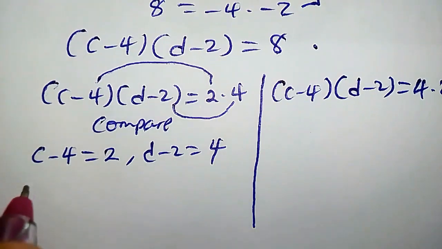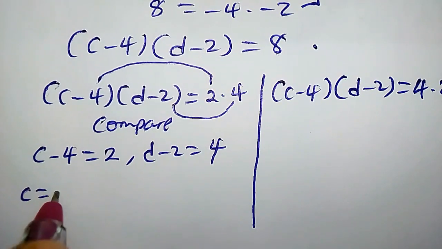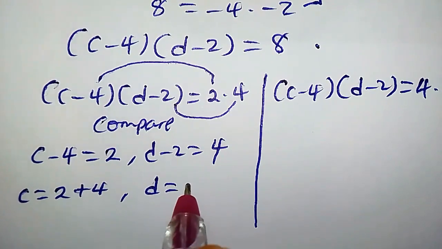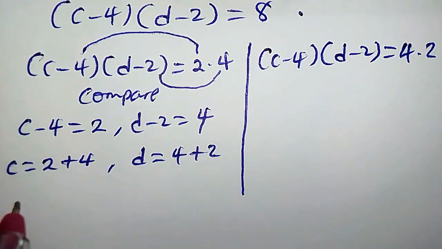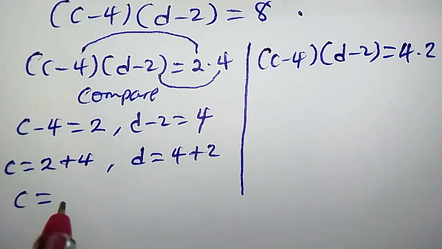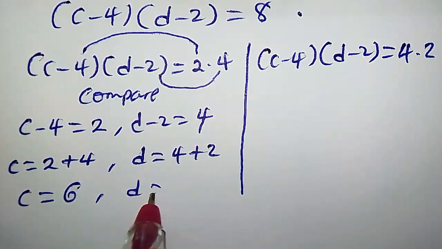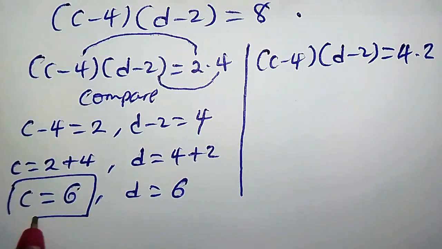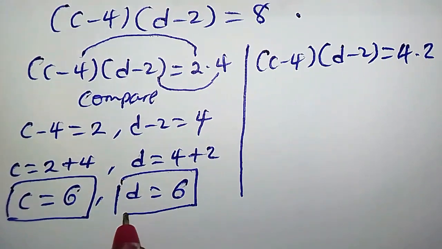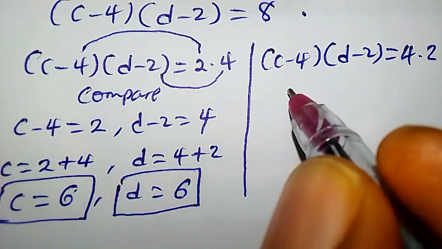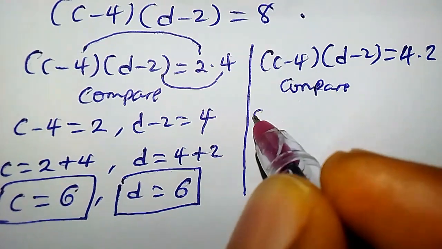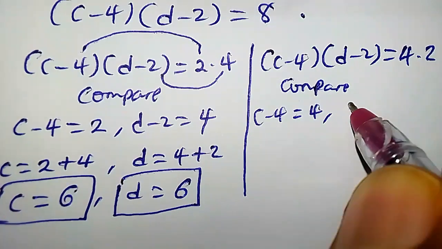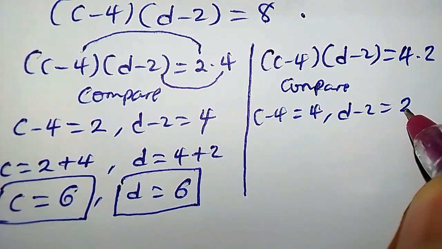That means from this line we have C equal to 2 plus 4. Also, D equals 4 plus 2. So, C is equal to 2 plus 4, that is 6. D equal to 4 plus 2, that is also 6. This is the value of C, and this is the value of D. Also, from this line, if we compare, C minus 4 is equal to 4, and D minus 2 is equal to 2.